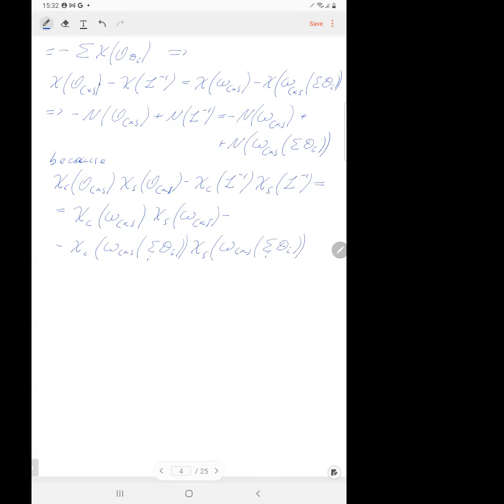Okay, and this is just by Serre duality on C and S. Okay, so from this we proved that the defect of L inverse equals the defect of L times the canonical class, and then we know that this is the defect of L because they're equivalent.